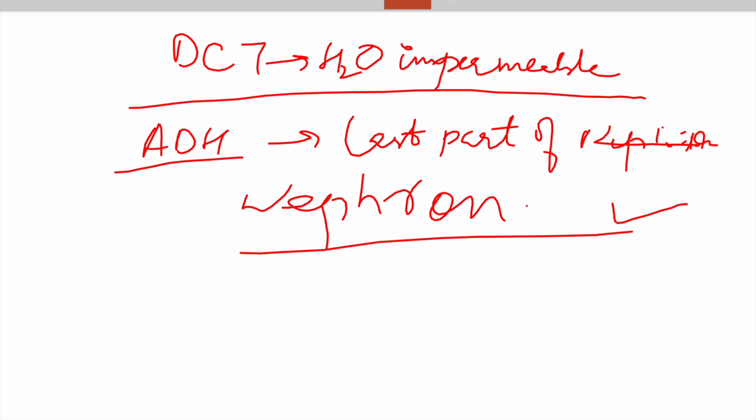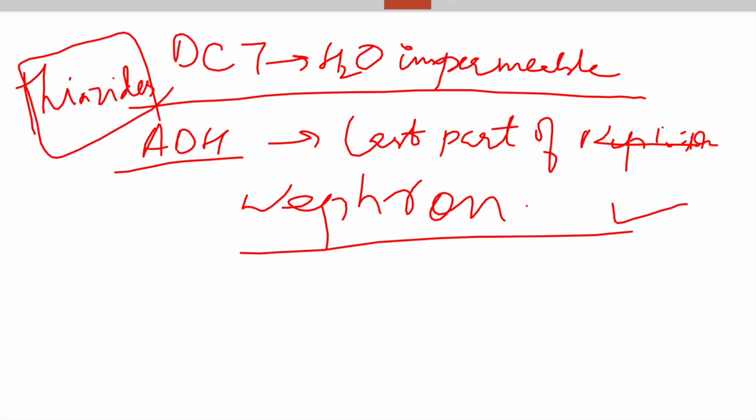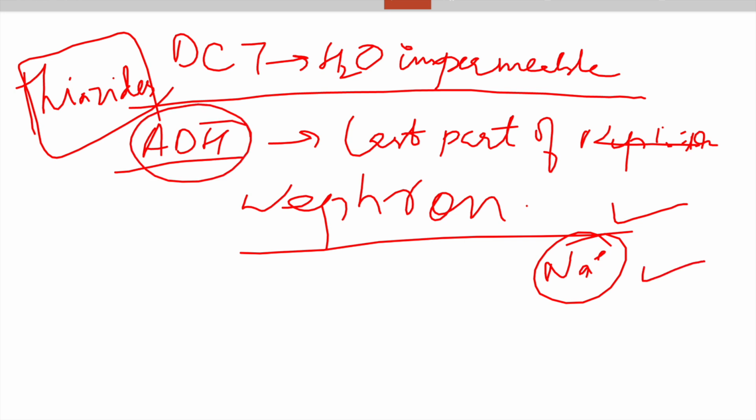But once we are prescribing thiazides, what happens? They block the sodium chloride cotransporter, so more and more sodium is delivered to the last part of the nephron. So even if there is anti-diuretic hormone, more sodium, more chloride, more ions are present in the nephron.